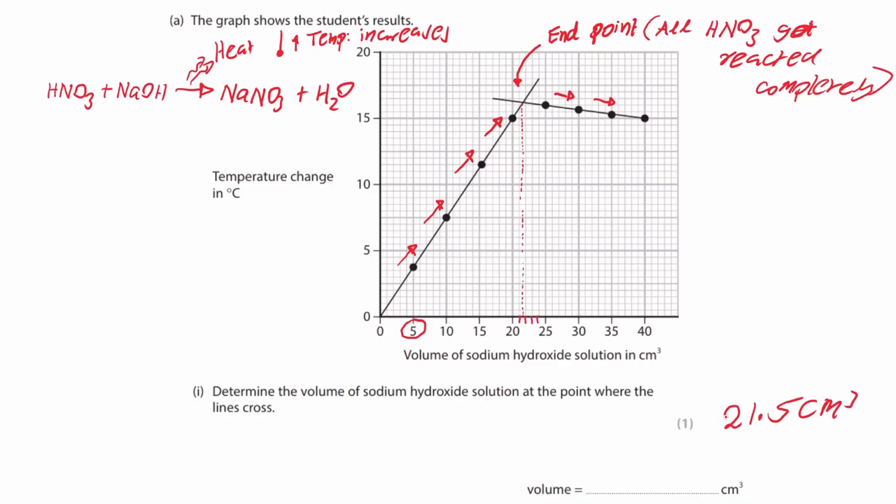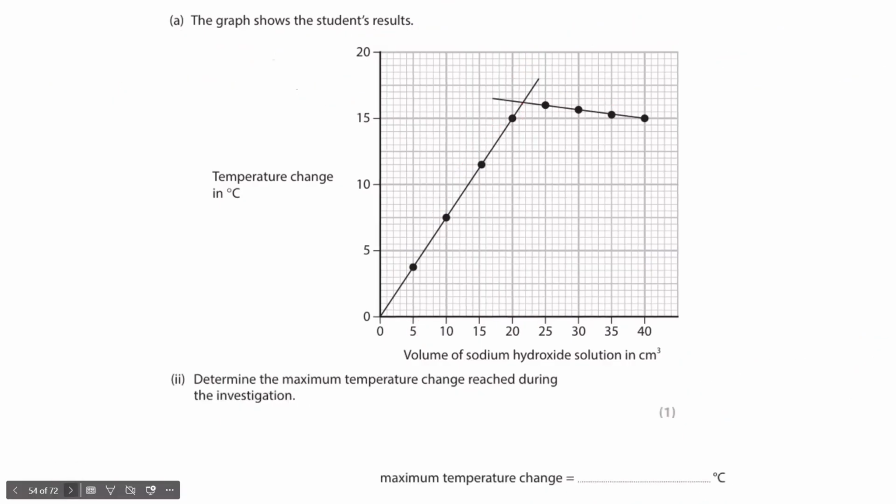When I add 21.5 cubic centimeters, I will get the highest temperature where this line crosses. If you check the marking scheme, they have given a very short range, 21.4 to 21.8. So our volume is in between 21.4 and 21.8, so no need to worry.